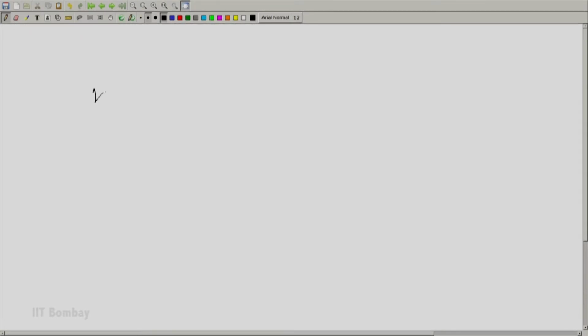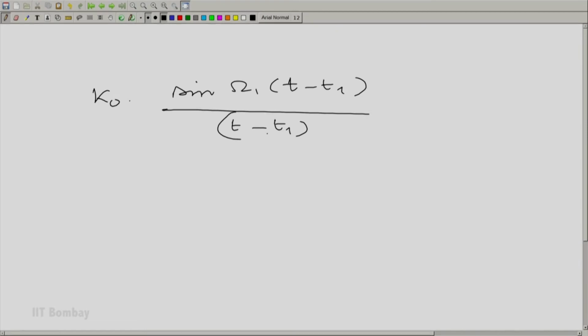You see, the kappa 0 remained where it was. Then you had sin of omega 1 into (t minus t1) divided by (t minus t1), you can keep omega 1 here and here as well. So, now we had an x0 that looked like this.